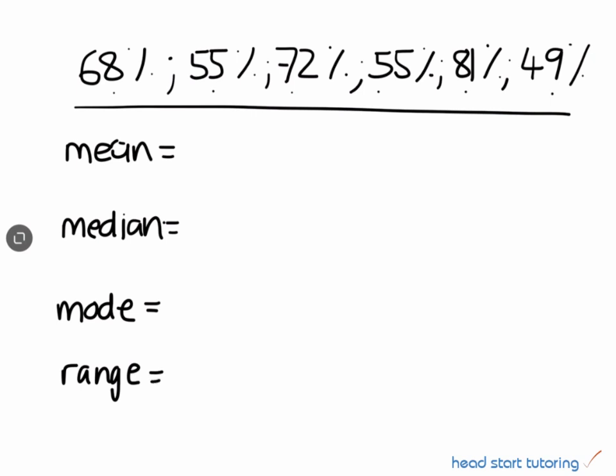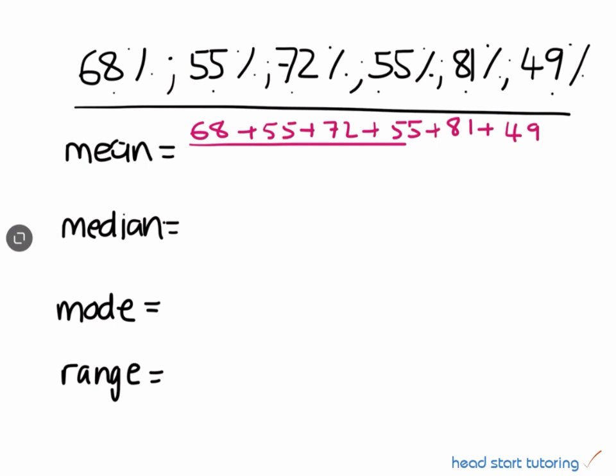If we first work out the mean of these numbers, we obviously need to sum them together. So it would be 68% plus 55 plus 72 plus 55 plus 81 plus 49. And we obviously need to put that over 6 because we've got 1, 2, 3, 4, 5, 6 percentages, or 6 students whose results we are having a look at.